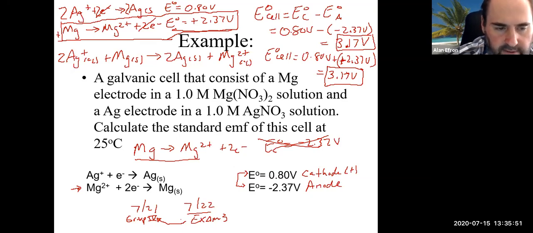We're continuing on with electrochemistry. All right, so we've been talking about electrochemistry here, and we started out talking about really basic redox reactions, balancing redox reactions, oxidation, reduction.